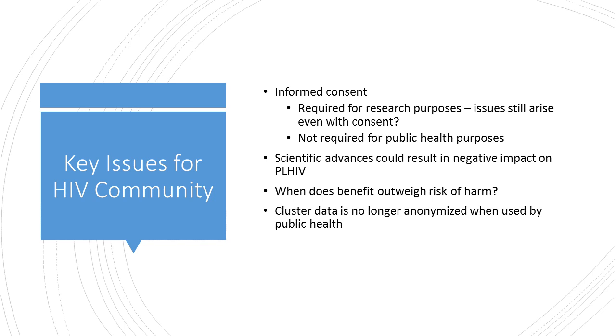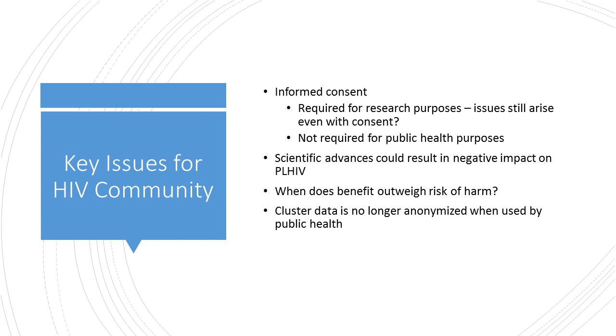Clearly, 1996 and protease inhibitors changed the course of life for those of us living with HIV. So science is definitely necessary, but how do we decide when the benefit outweighs the risk of harm? Or when does the risk of harm outweigh the benefit of what's being studied, researched, and having this technology used? So those are key questions.